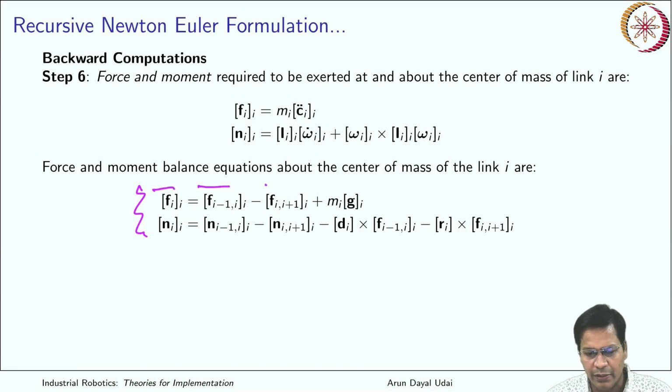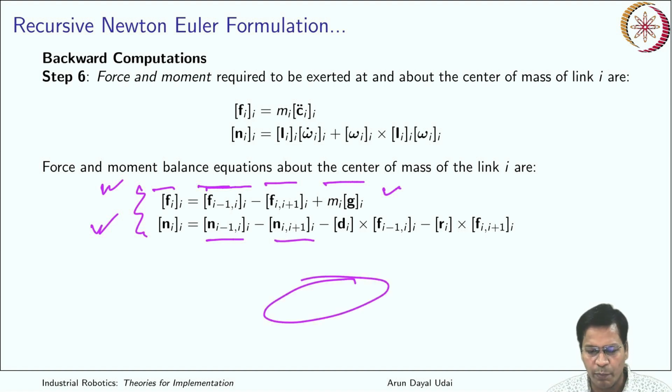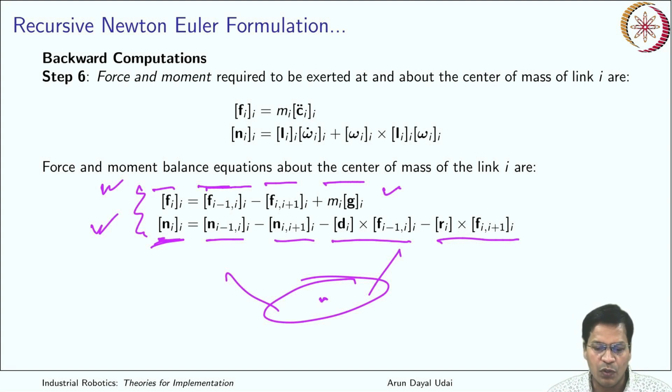These are the two forces acting on the link. This is the link's own force due to gravity that makes the total force. Similarly, the moment is because of the moments that come here, formulating the final moment over there. These are the forces that are causing the moment on this link. So total moment and total force is something like this.